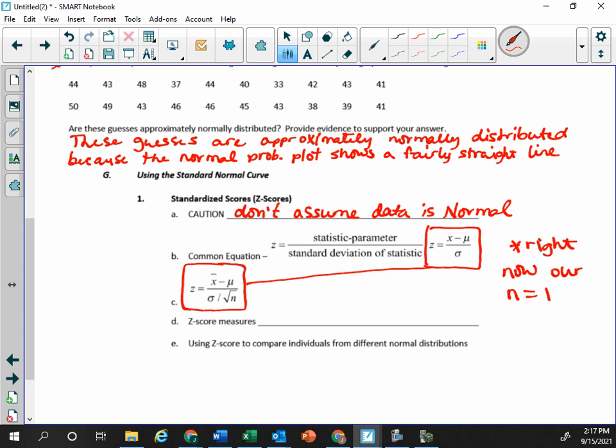So the mu and sigma, those are from the data set that you're looking at, and then the x is whatever your score is if you want to figure out what your z-score is. And then what the z-score is telling you, what it measures, is your location. It's how something compares to all the other values in the set.